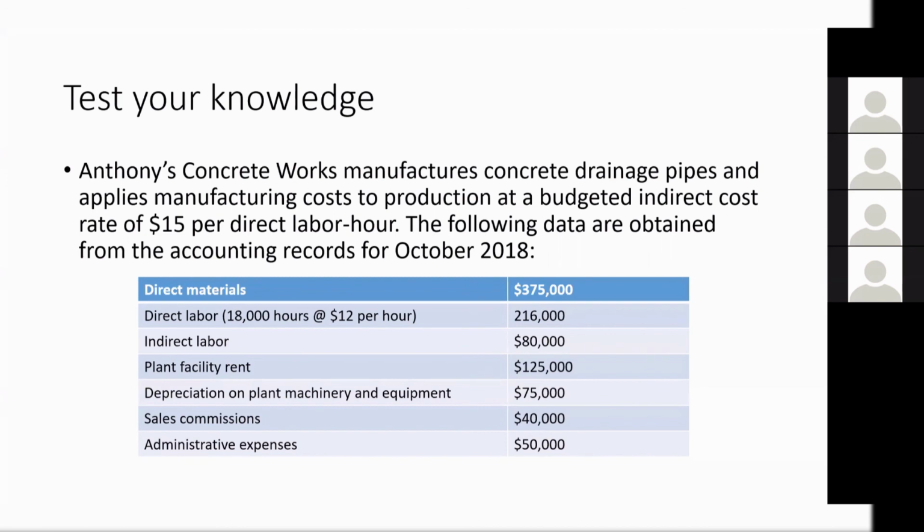Okay, so the sales commissions and the administrative expenses are your period costs. Again, you can't have both. A cost will not be both period and product. Okay, here's a toughie. What are the prime costs? You need to remember what the definition of prime cost is.